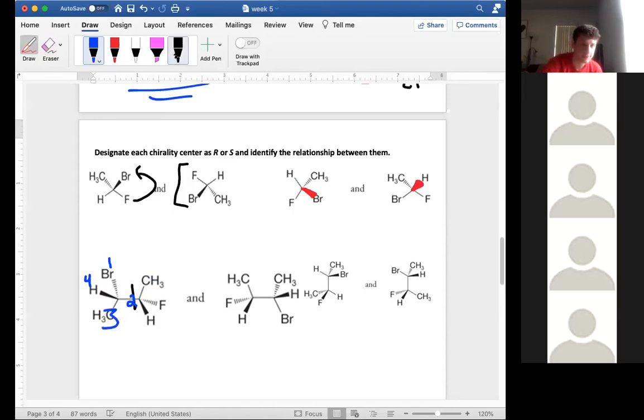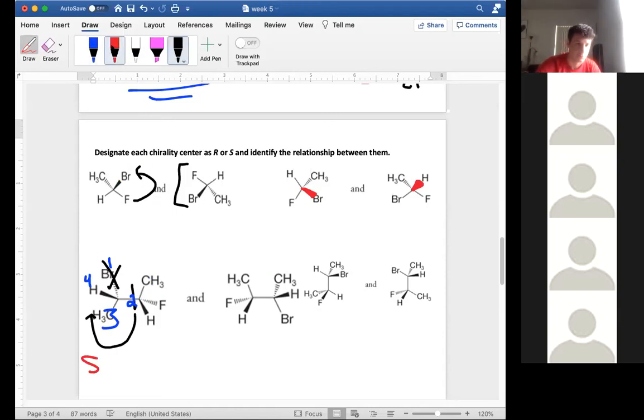Cover up what's in the back. In this case, that's 1. So 2, 3, 4. Right now we have R. But what we covered was a 1 or a 3, so that front carbon is really S. And you would do the same thing for the back carbon.